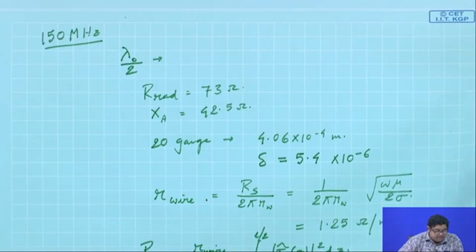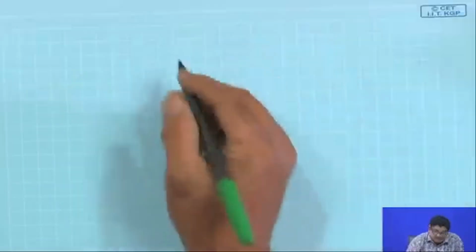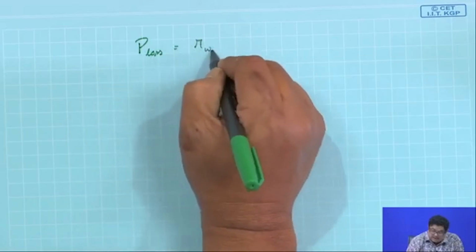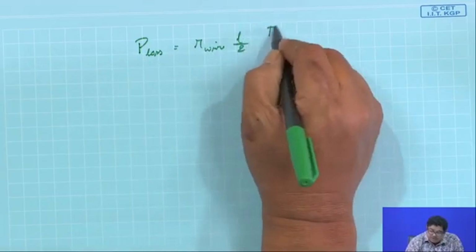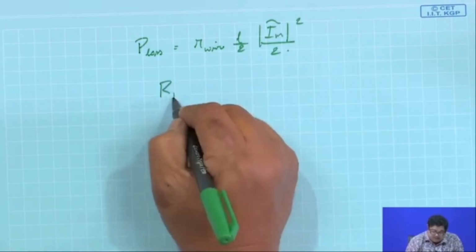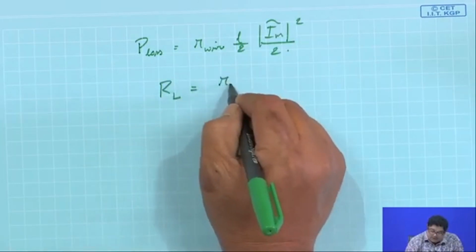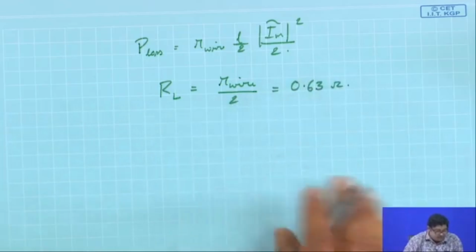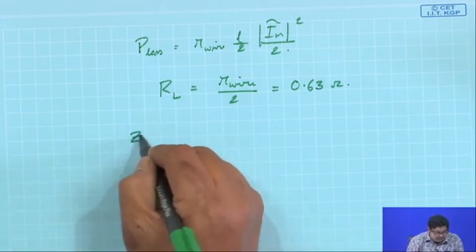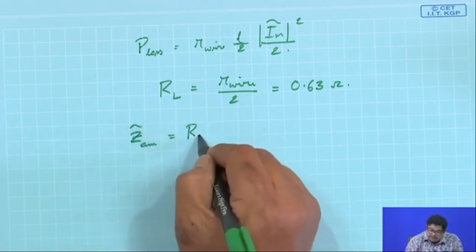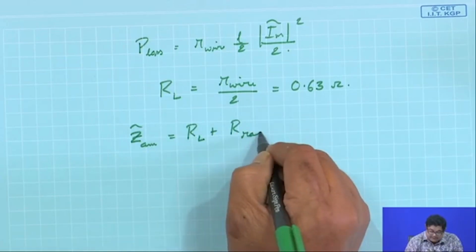For a half wave dipole, we can substitute I(z) value here and integrate it, it is integrable, and from that you will get power loss is R_wire L by 2 I_m square by 2, and from there you will get R_L is equal to R_wire L by 2, that is 0.63 ohm.